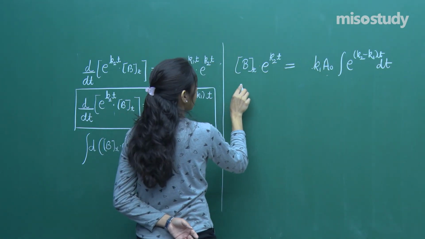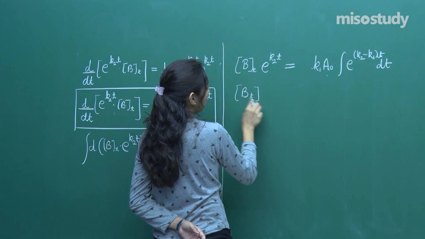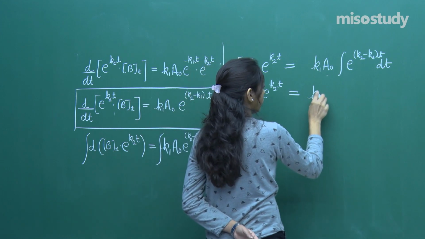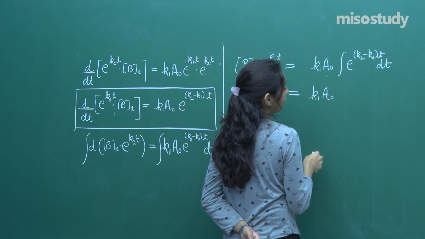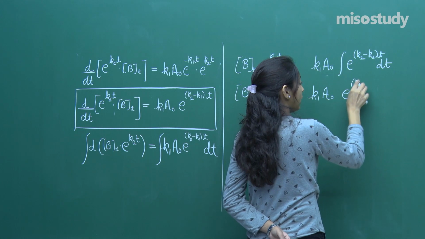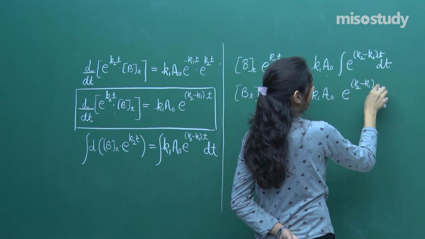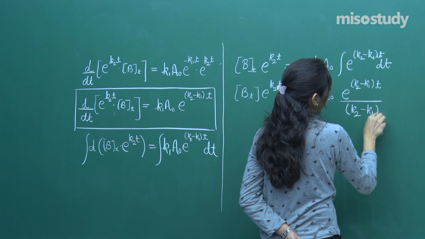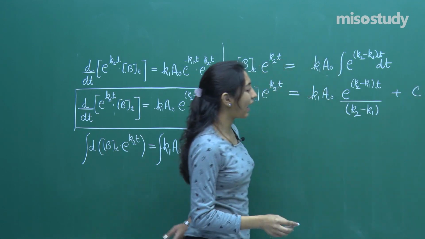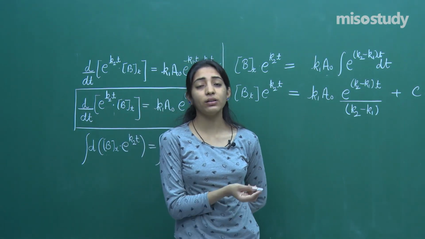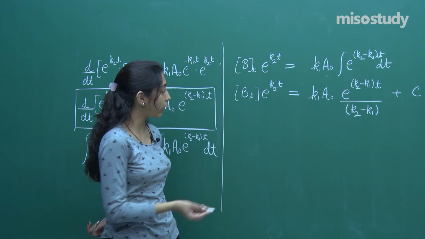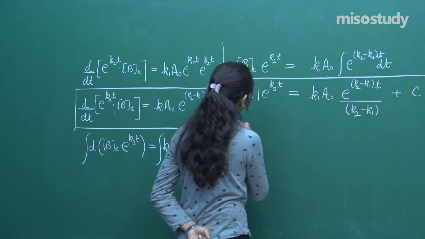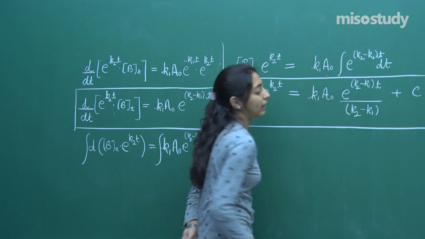So you will be getting concentration of B at time t e raised to the power k2t is equal to k1 a naught e raised to the power k2 minus k1 into t to be divided by k2 minus k1 plus a constant of integration, which is c, that I have taken here. Okay. So this is my final equation that I will be getting out of this much derivation.